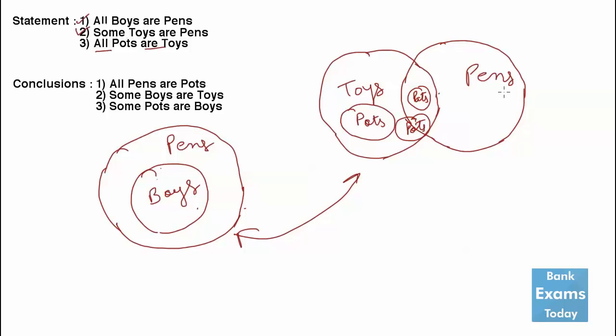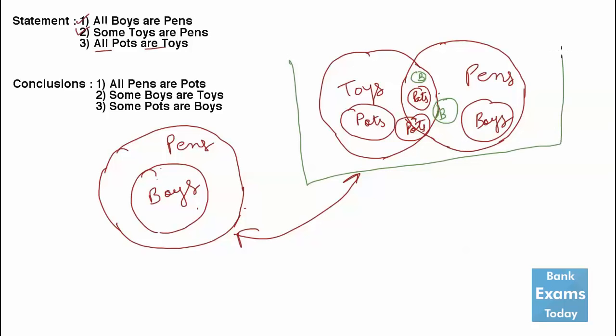So boys can be here, or the circle boys can be here, or it can be like this here. Some part is covered there. So this is the final diagram. So we integrated all three statements here. So let's move on to the conclusions.